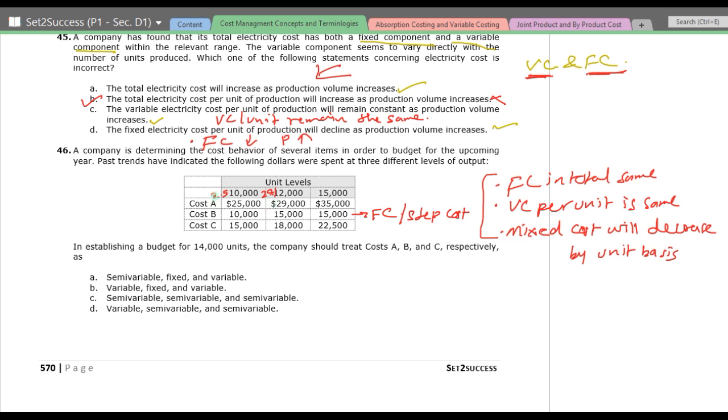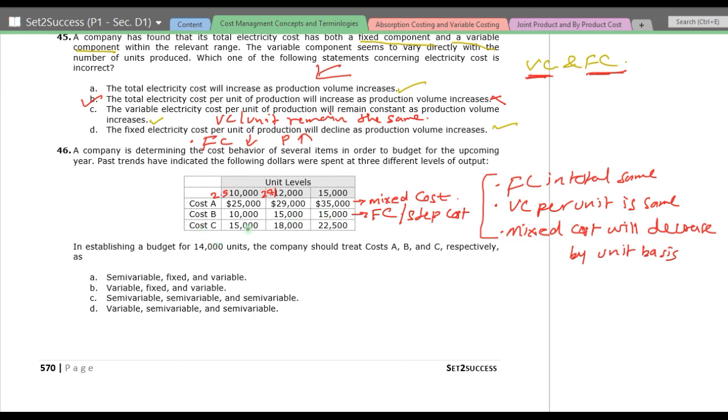So on a per unit basis it is decreasing. Cost A is a mixed cost, because mixed cost per unit will decrease as it has the element of fixed cost plus variable cost.